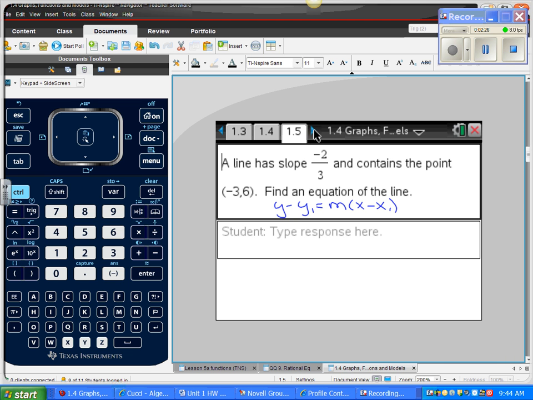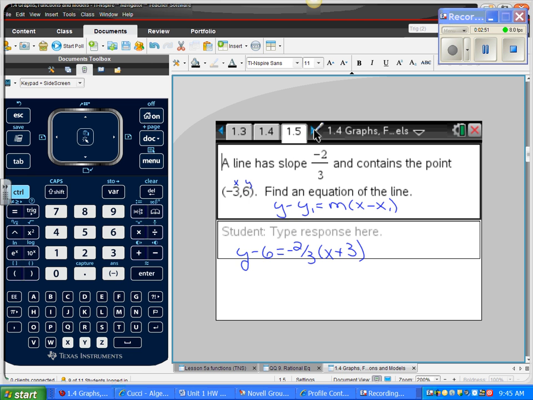If you don't have it memorized, which you all should already, you need to get it memorized. All right, so we know that -3 is our x and 6 is our y. We're going to simply plug that in. y minus 6 equals -2/3 times x minus a -3, which becomes x plus 3. And we're going to put it into y equals mx plus b form. I like it in that nice, pretty form. So in order to do that, we have to solve for y.